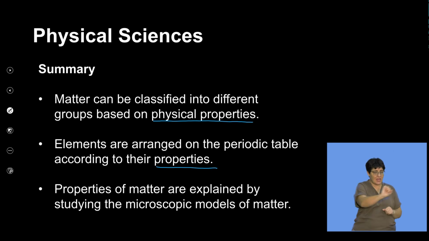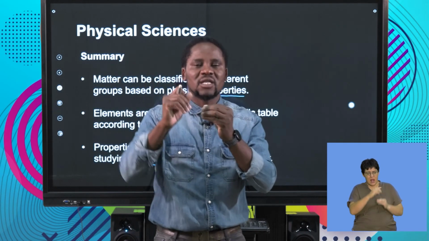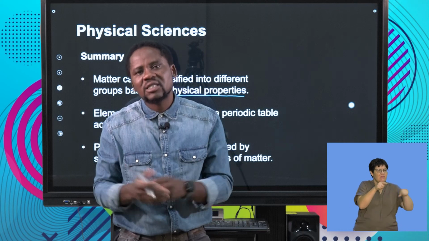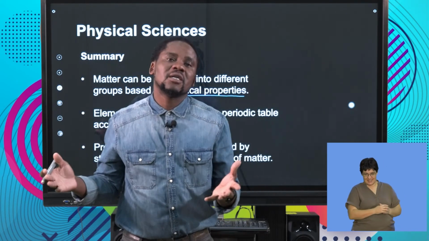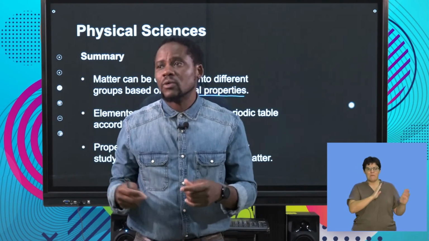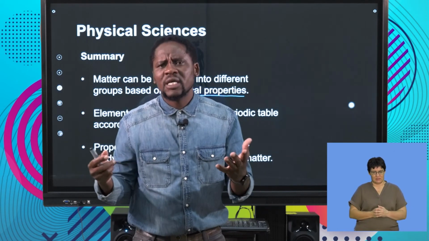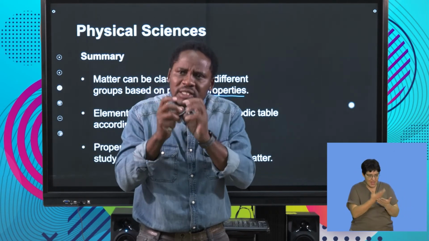We've mentioned that, okay? Properties of matter are explained by studying the microscopic model. When we look at the chemical composition of a material at a particular level, we are able to understand its properties, because how a particular material behaves, or whatever happens to it, is based on how these particles are arranged.